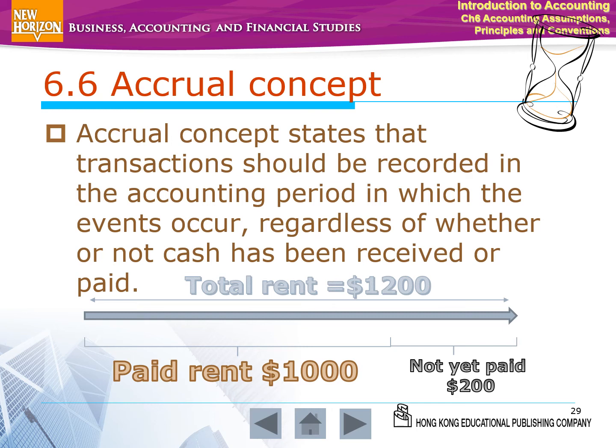So in order to calculate the total rent for a year, we should calculate from day one to the end of the year. That means the total rent should be $1,200, though we have only paid $1,000 cash to the tenant for rent. It does not mean that the rent for the year is $1,000, because we still owed $200.